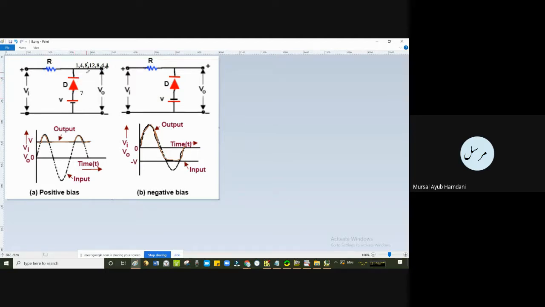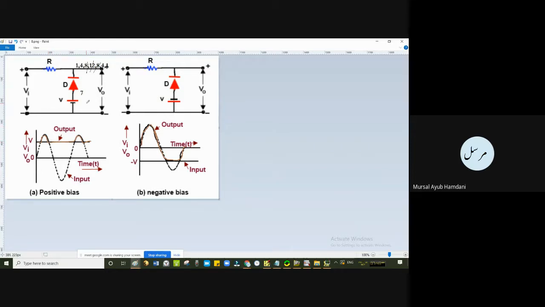So 8, 12, 8 makes it reverse biased, because for the shunt case reverse bias is the condition for input to follow the output. So for values which are greater than 7 or around 7, only in those cases will the input follow the output, the rest is 7. So here you can see 7.